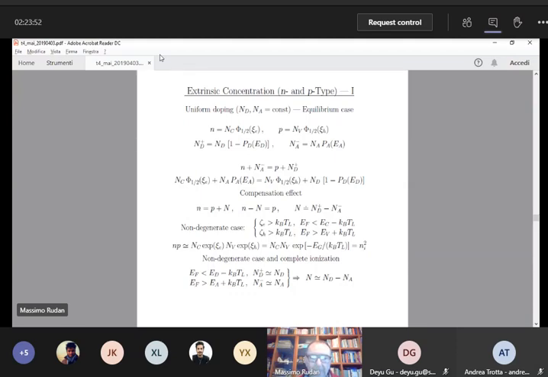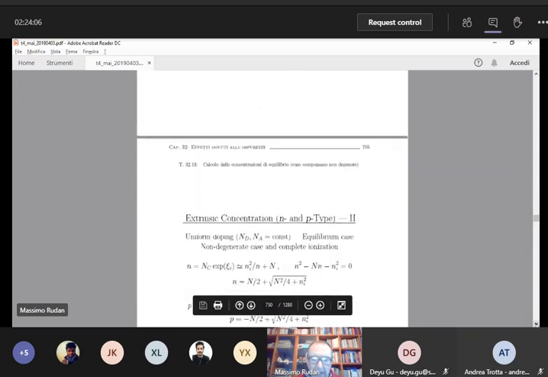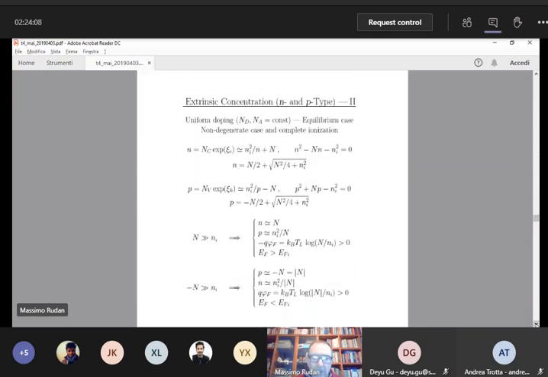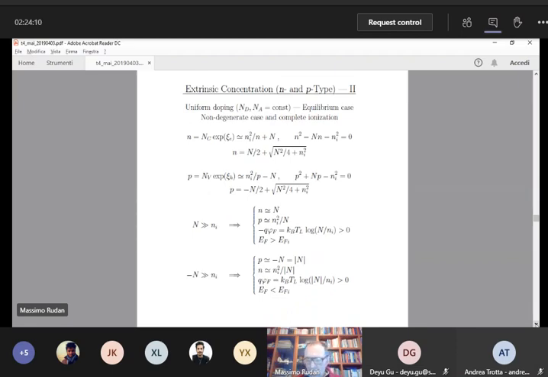Okay? Which means that the net dopant concentration is simply ND minus NA. Okay? In this case, it is possible again to find the algebraic equation from which you extract the concentration of electrons and holes.